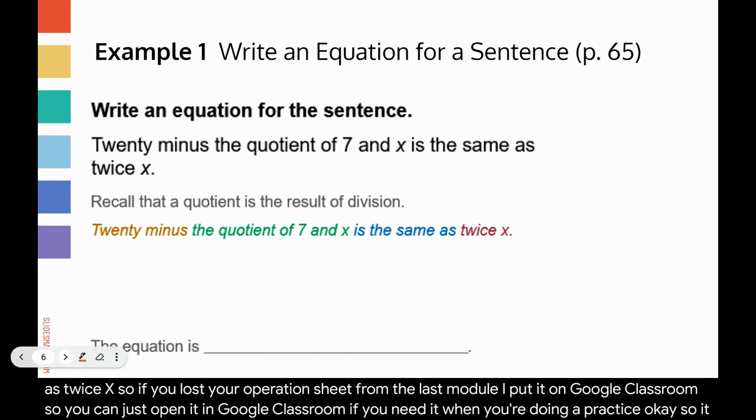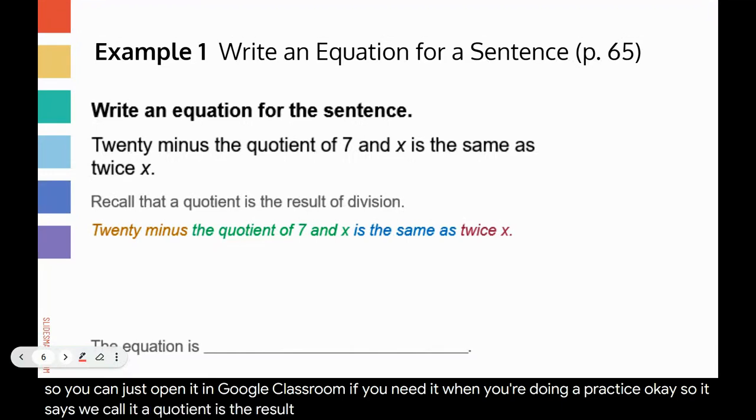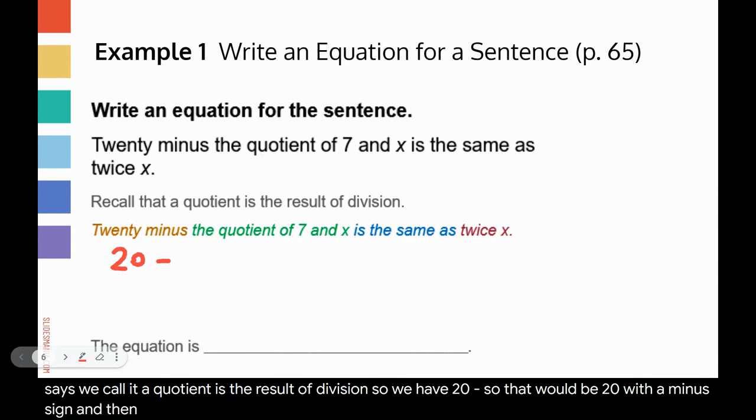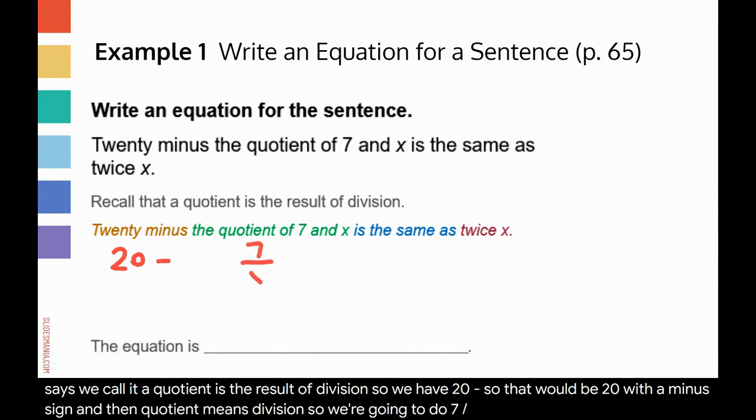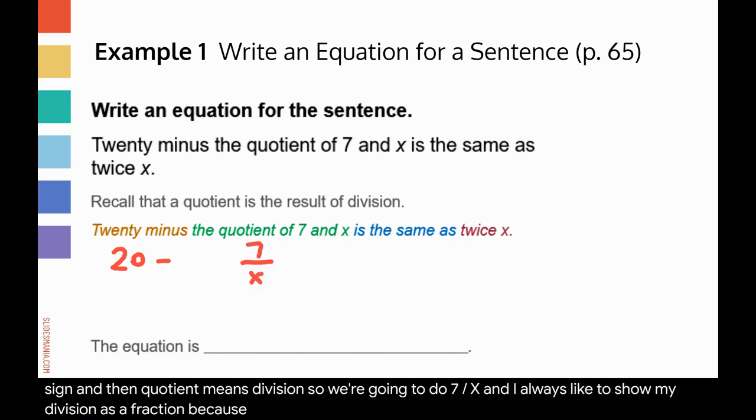Okay, so it says recall that a quotient is the result of division. So we have 20 minus, so that would be 20 with the minus sign. And then quotient means division, so we're going to do 7 divided by x. And I always like to show my division as a fraction because in algebra, that's usually how you're going to see it.